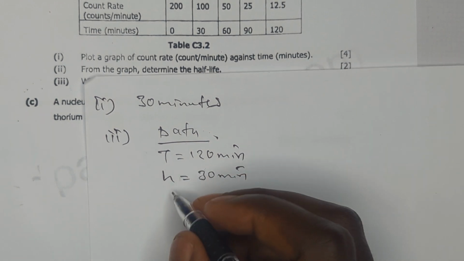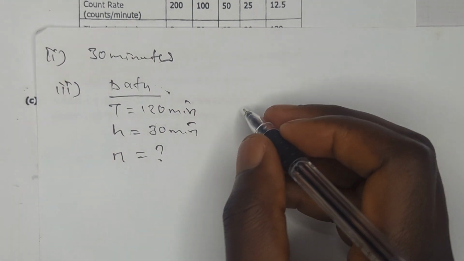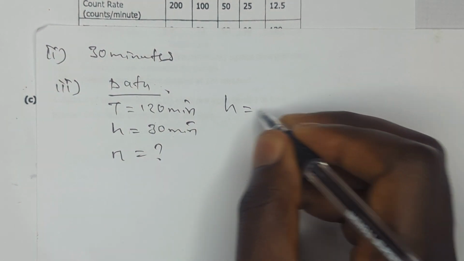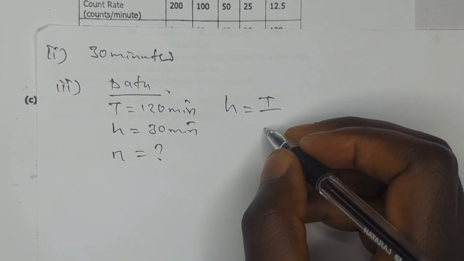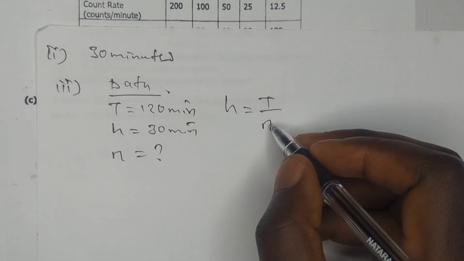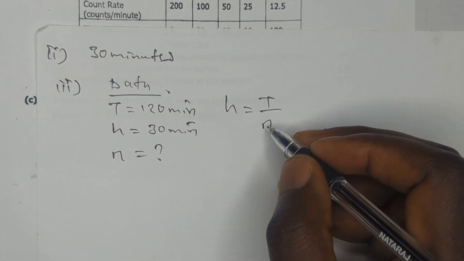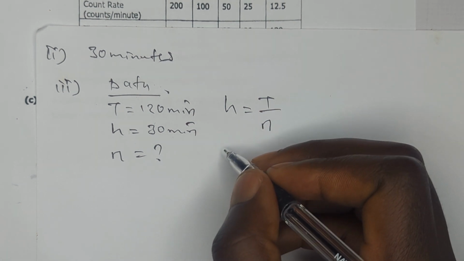The number of disintegration we don't know, and the formula we know that half-life is equal to period over the number of disintegration. So we have to find the number of disintegration. So we make n the subject of the formula.